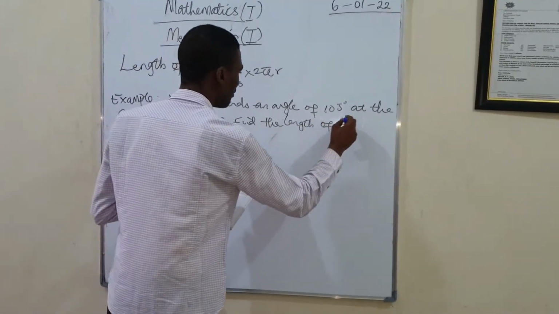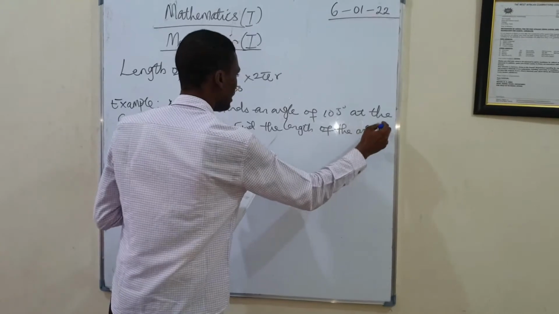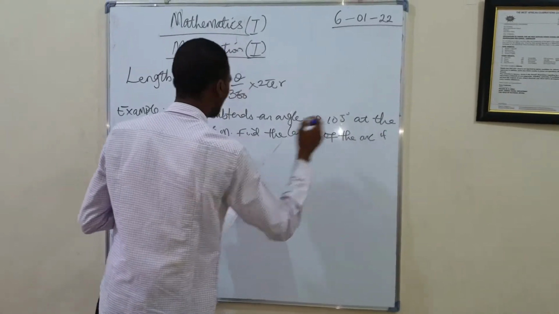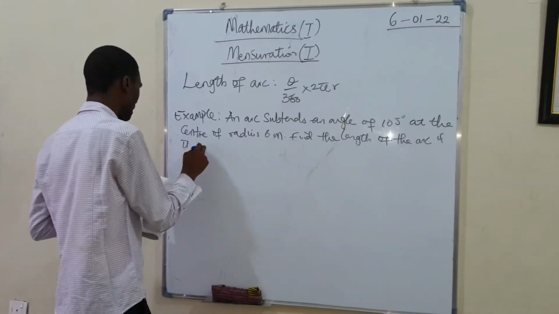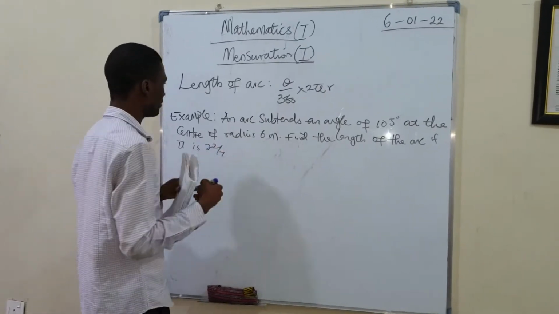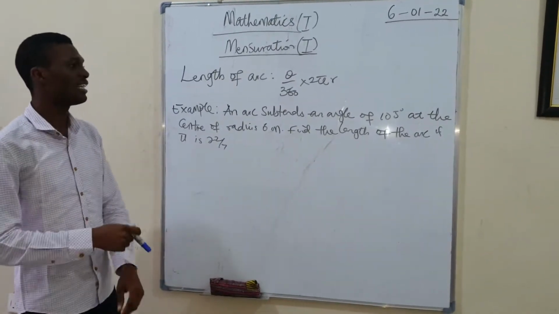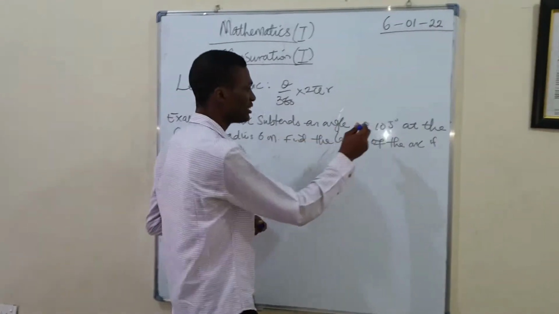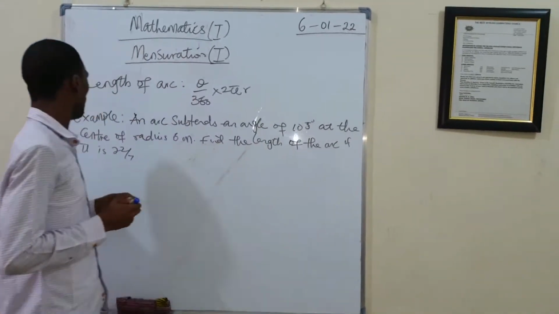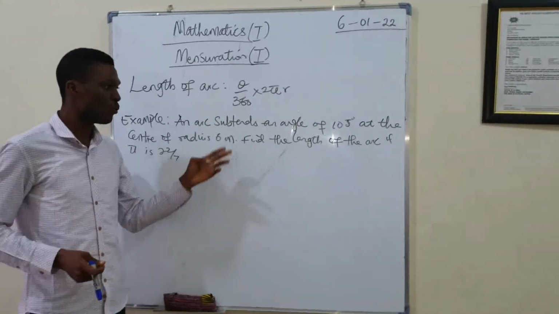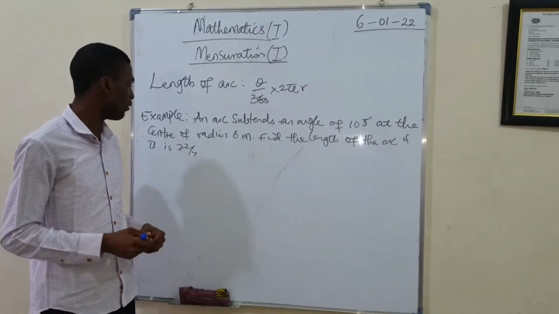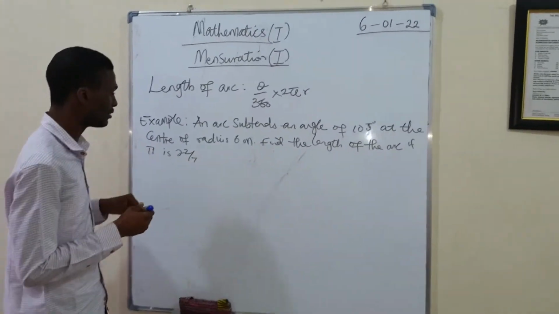Find the length of the arc if pi is 22/7. We have to find the length of the arc if our pi is 22/7.